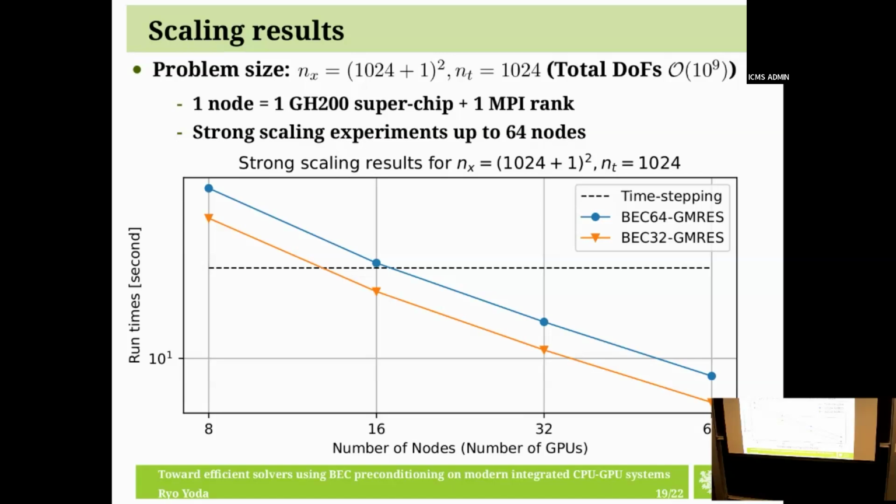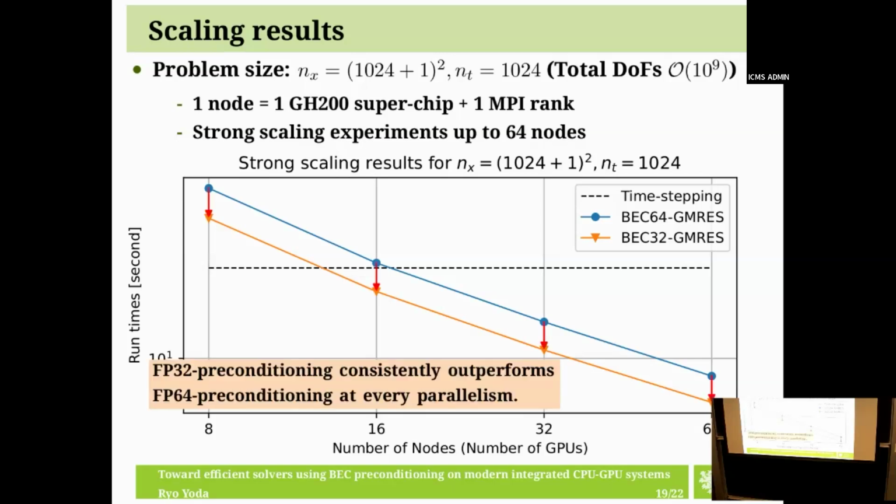Comparing to this one, we can see very good strong scaling performance of single and double precision BEC GMLS. Also, comparing the colored orange lines, single precision preconditioning consistently outperforms double precision preconditioning at every node count.